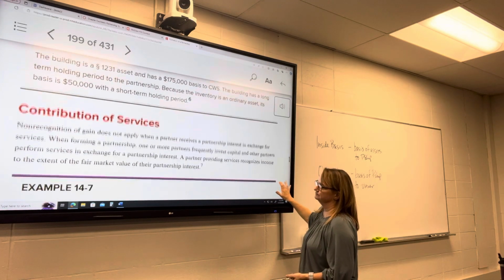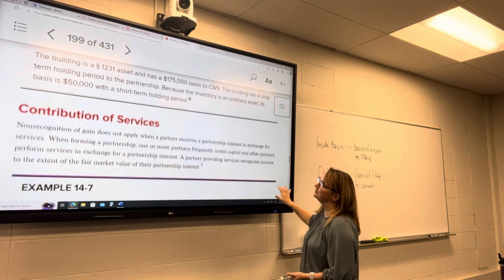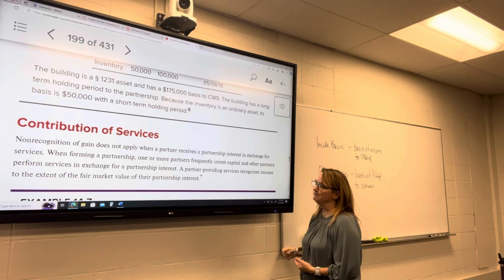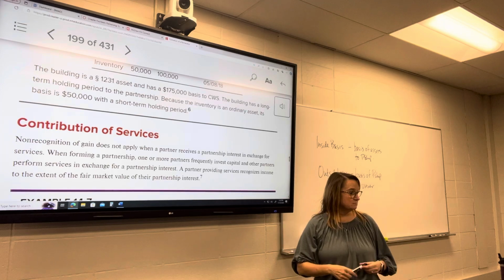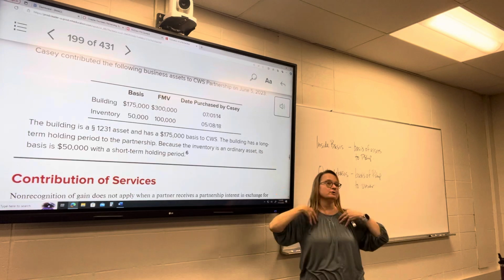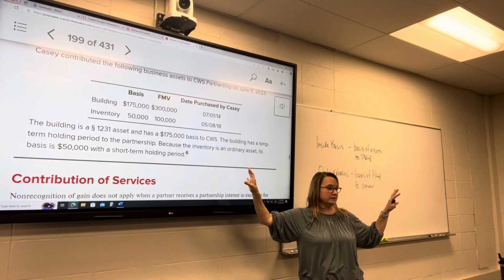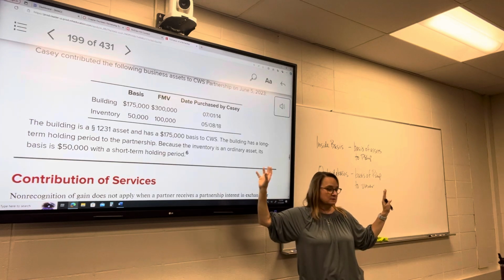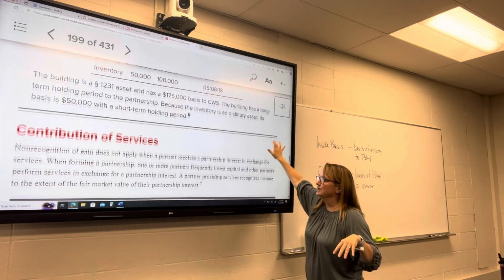All right. So what if instead of contributing an asset or money, we contribute services? So in all of these examples, the partner doesn't have to recognize any gain at this point, right? A taxable event to the partner hasn't occurred to this point.